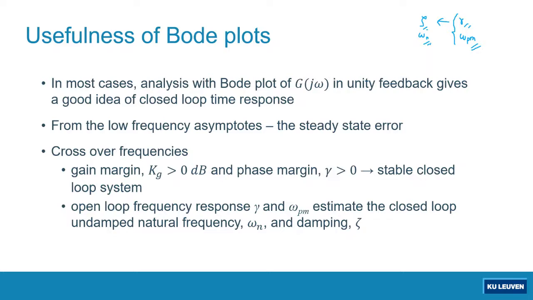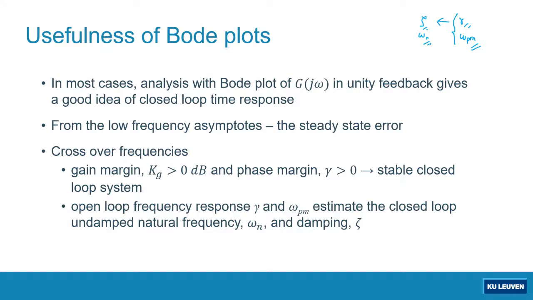To conclude our last few videos, gain margin and phase margin will tell us the stability of the closed loop system. If our closed loop system is stable, the gain margin and phase margin observed from the Bode diagrams of the open loop transfer function in our closed loop system both have to be positive.